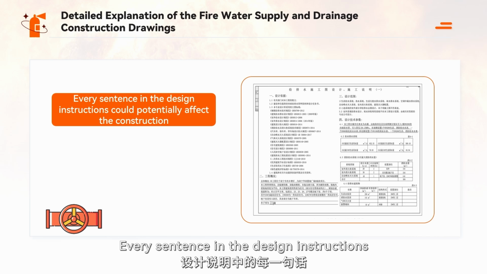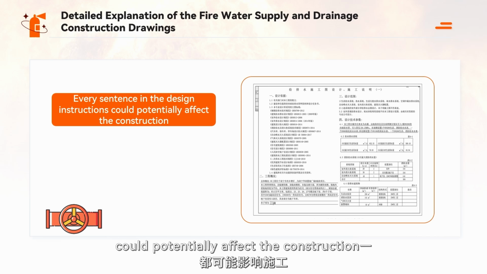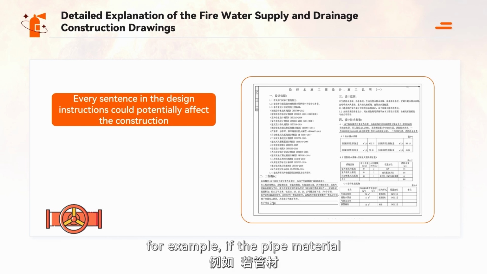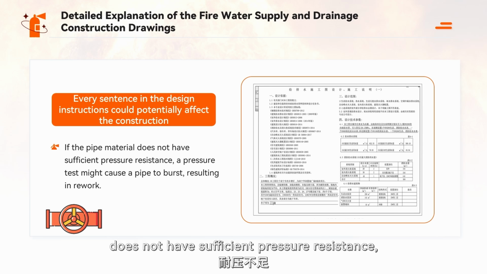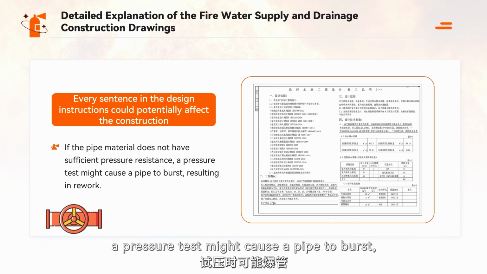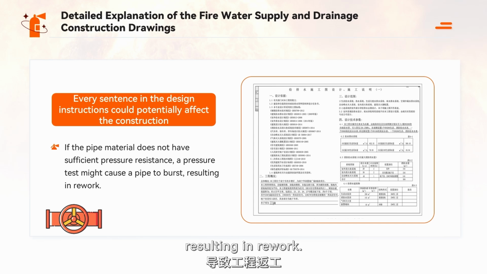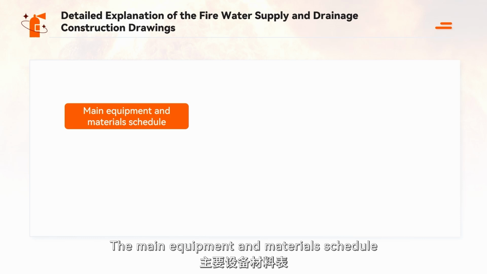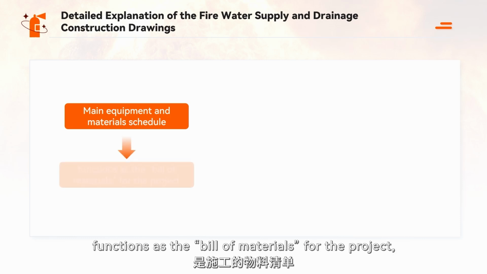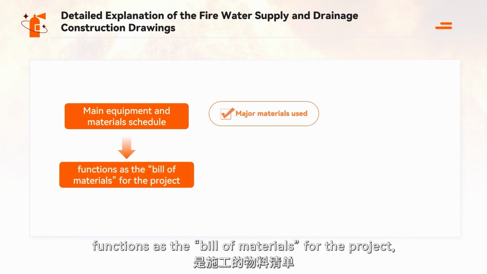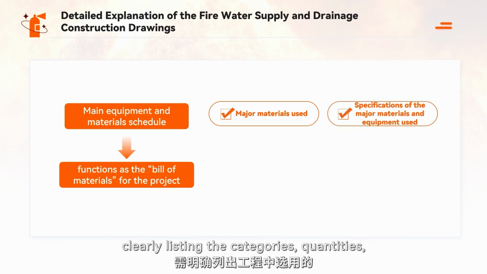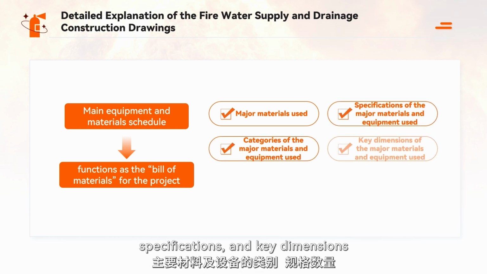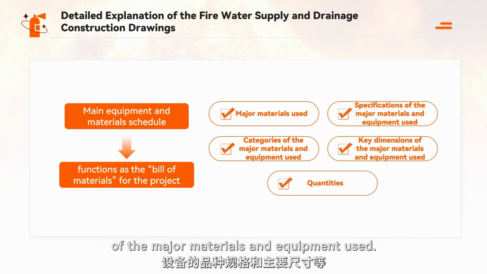Every sentence in the design instructions could potentially affect the construction. For example, if the pipe material does not have sufficient pressure resistance, a pressure test might cause a pipe to burst, resulting in rework. The main equipment and materials schedule functions as the bill of materials for the project, clearly listing the categories, quantities, specifications, and key dimensions of the major materials and equipment used.